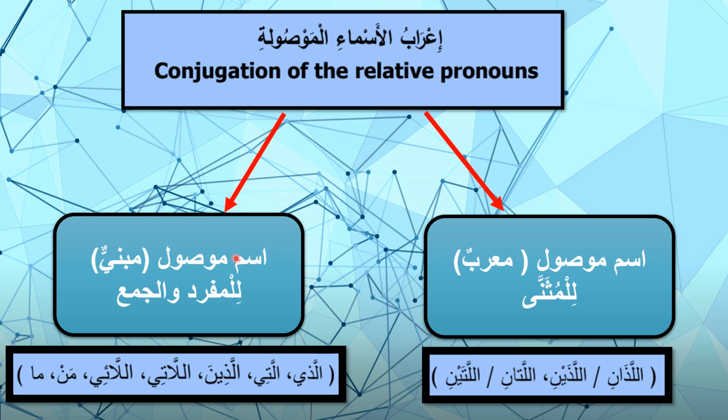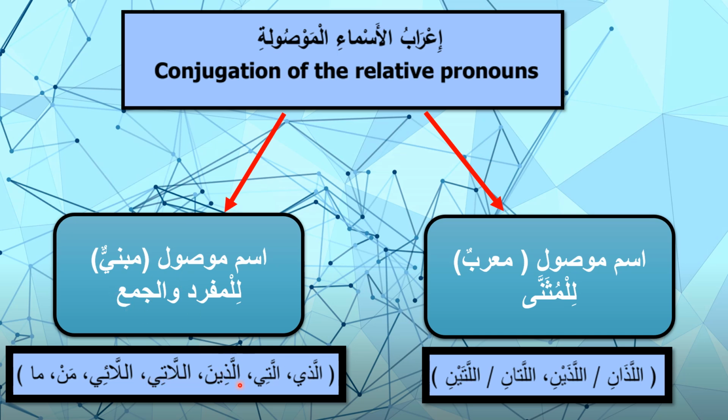And now we come to the ism mausool that is mabni. Which ism mausool are mabni? That is the singular ones for the male and feminine: alladhi and allati. Alladhina for the male plural. Allati, allai or allawati. They are all mabni. They don't change. So they are the mabni for mufrad and jama.